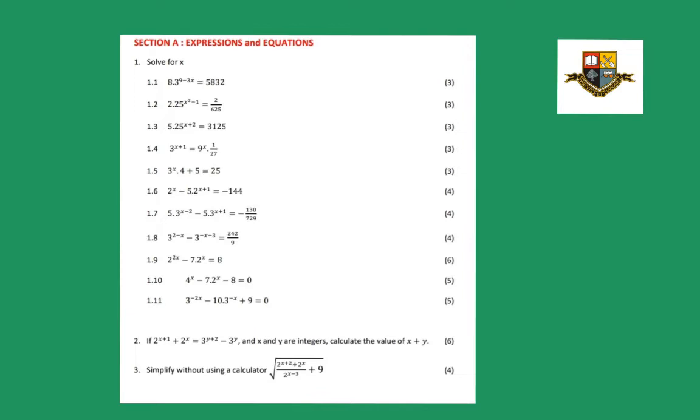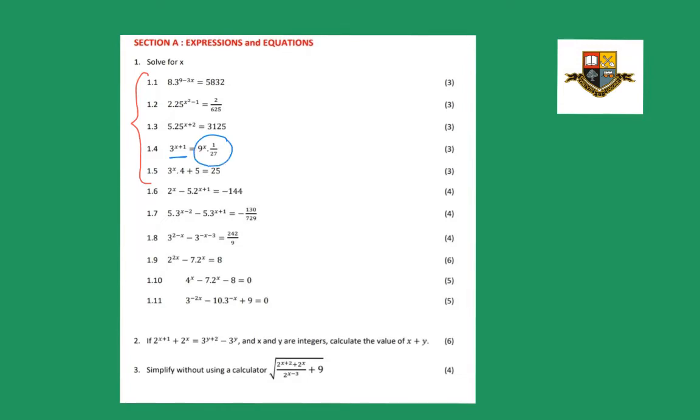So if you look at the first section, questions from 1.1 to 1.5, we have those examples where we have only one exponential term and the number on the other side. Okay, in this example, which I just highlighted, it's not necessarily a number, but you can bring it all together.